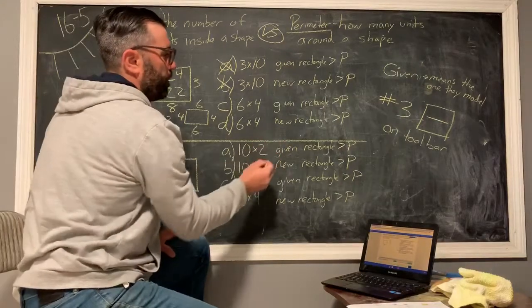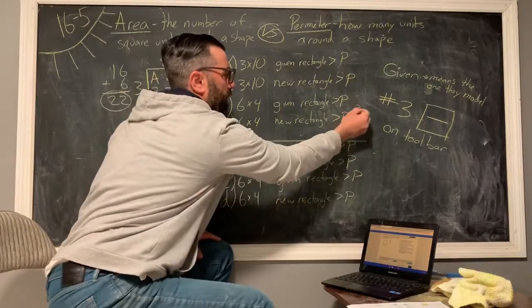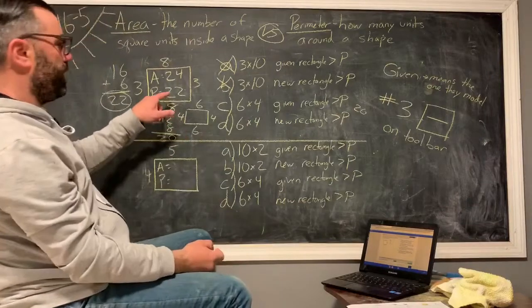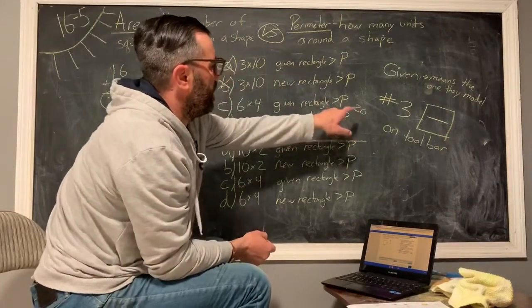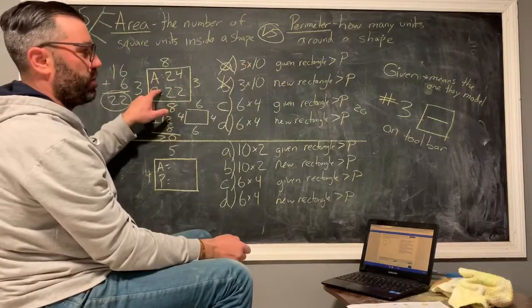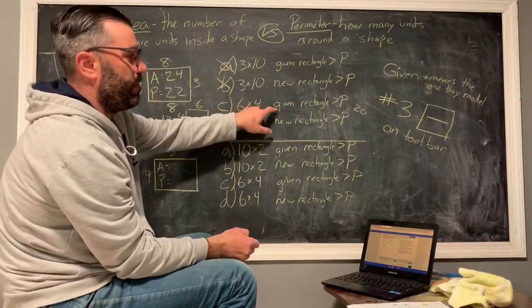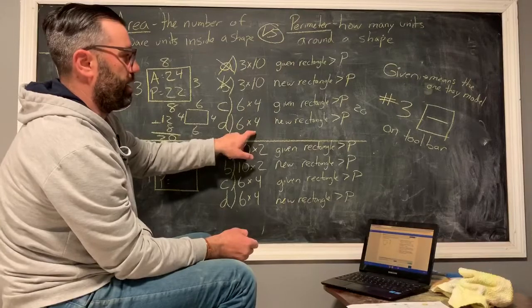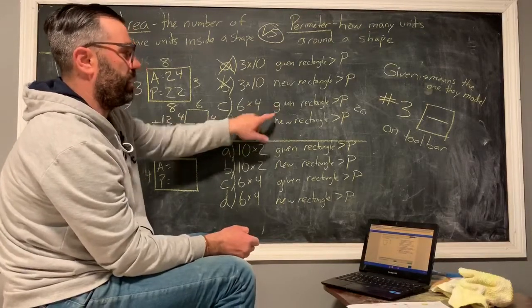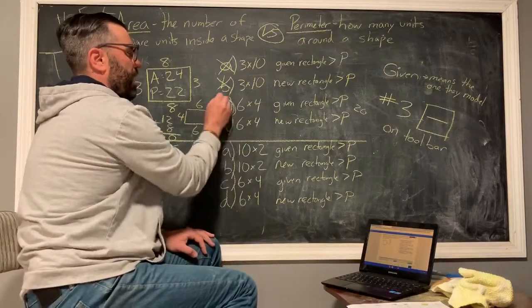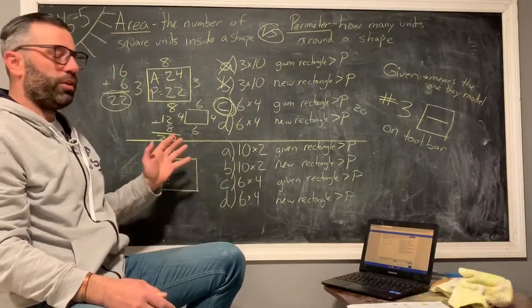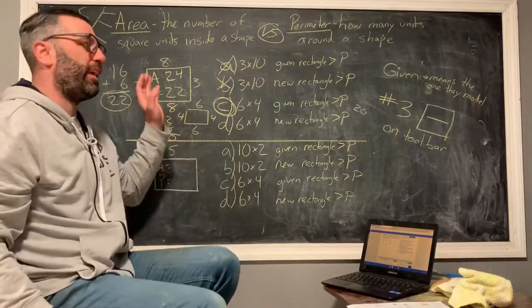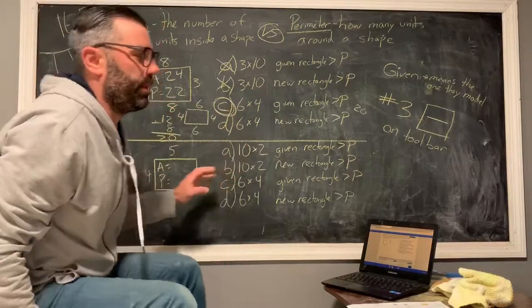So the perimeter for this new one is 20. The perimeter of the given one was 22. So the first rectangle, the given rectangle, is greater, and this is the new rectangle. So it would have to be choice C.